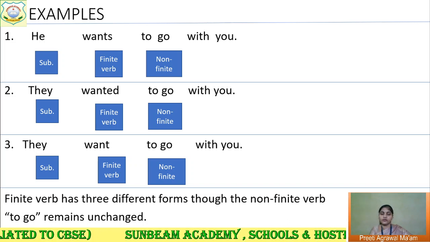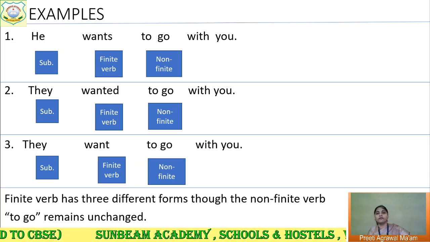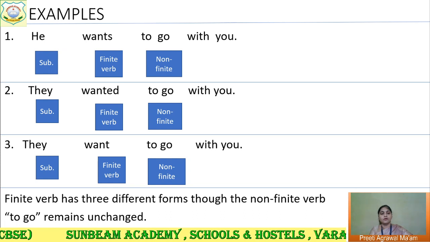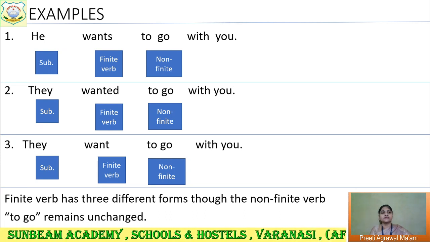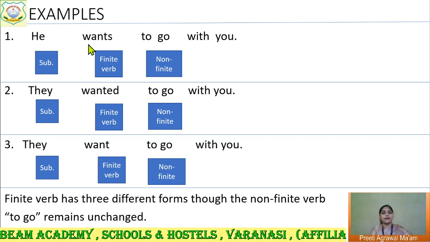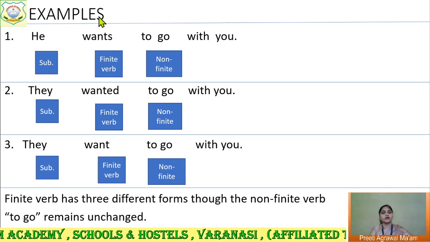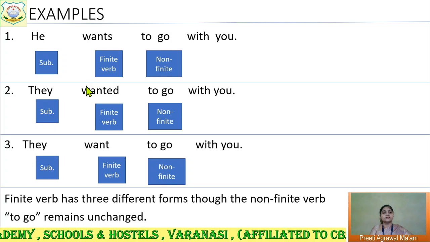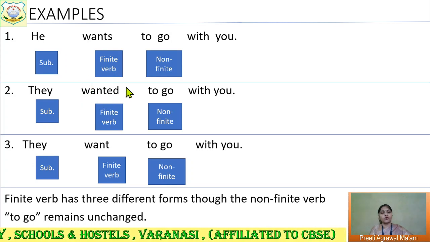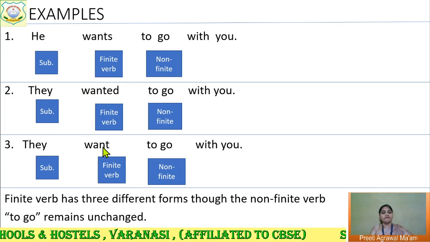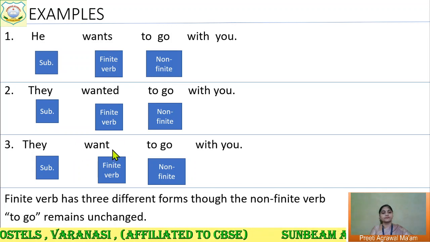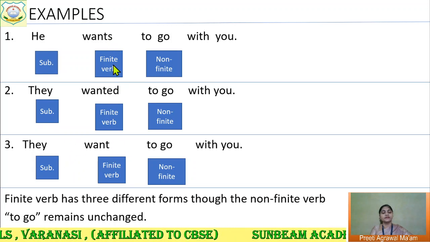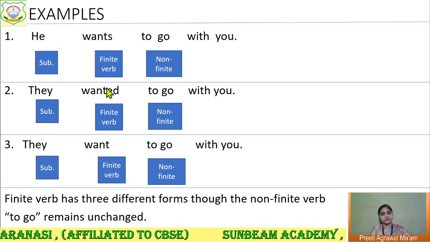Is it clear to you? Have you understood what I want to tell you? He wants to go with you is simple present tense and the finite verb is wants. In the same way here the finite verb is wanted. And here again your finite verb is want. So there are three different kinds of finite verbs.